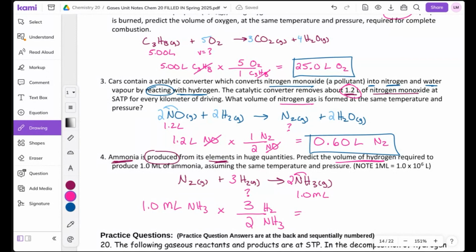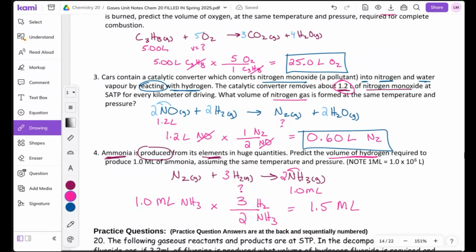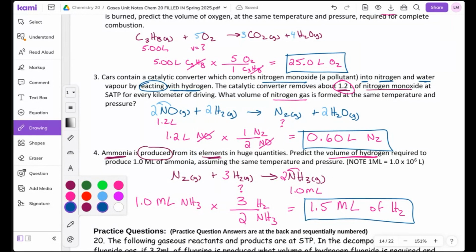So 1 times 3 divided by 2, and that is going to give us 1.5 megaliters of hydrogen gas. And for my final answer, it's already in the correct amount of sigdigs, which is just 2, based off of my given number here. So this is done.